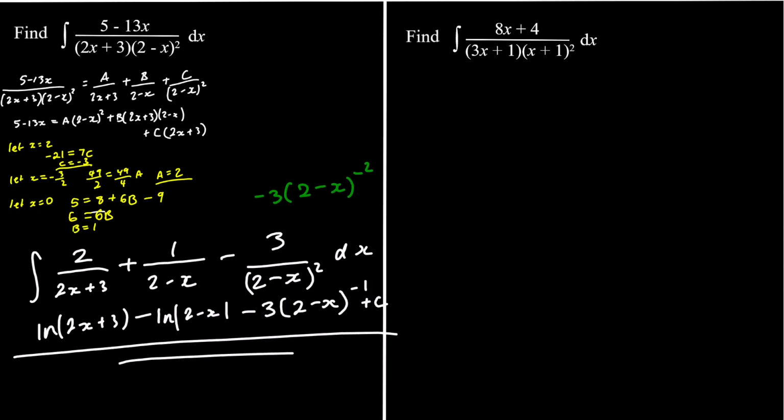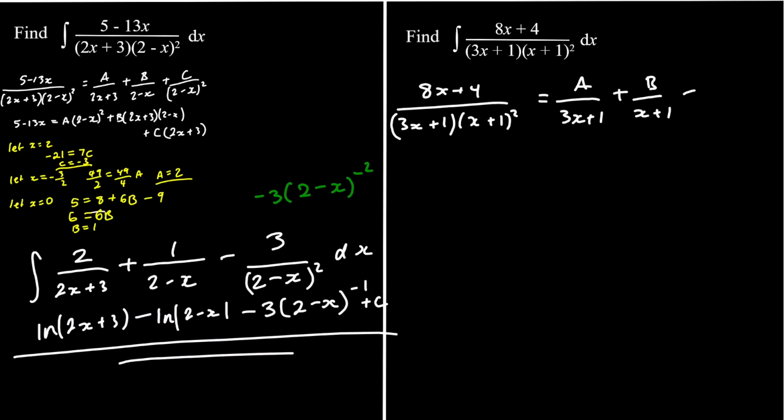Okay, one for you to try. See if you can give it a go. So we have 8x plus 4 over 3x plus 1 times x plus 1 squared. That's going to become a over 3x plus 1 plus b over x plus 1 plus c over x plus 1 squared.